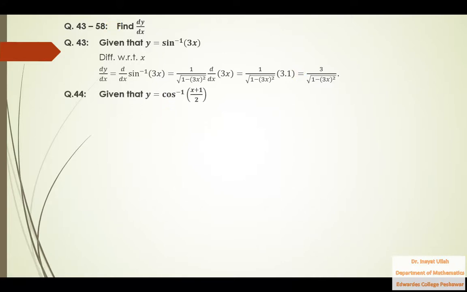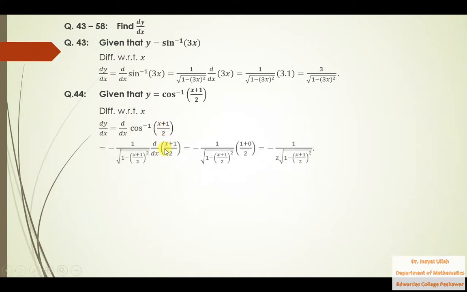Similarly, for question number 44, we are given the function cos inverse of (x plus 1) by 2. So we differentiate this function with respect to x, that is the derivative of cos inverse u. We know that the derivative of cos inverse is the negative of the derivative of sine inverse.